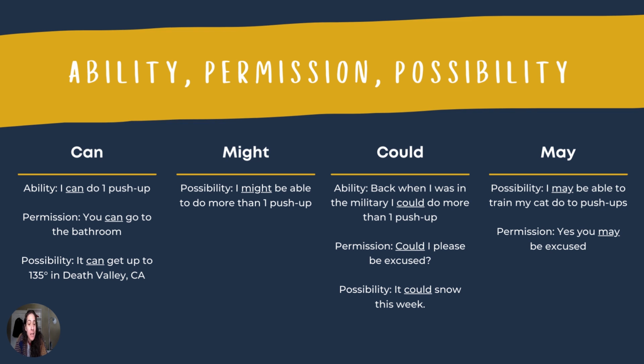Back when I was in the military, I could do more than 1 push-up. So if I wanted to make this simple, I can do 1 push-up. I could do one push-up. So it's not always the past tense of can, but it can be. Possibility. It's possible.